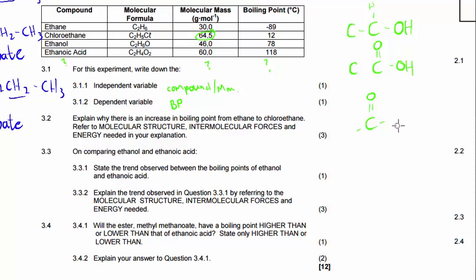Let's first just draw the ester structure. Methyl means on the oxygen there's only one like that, and on the other one there's only one here. CH3. No, not CH3. Just one H.